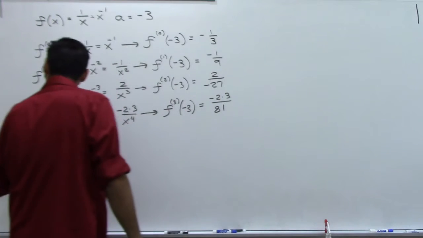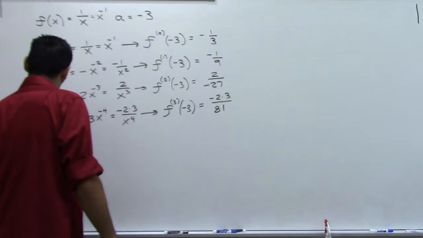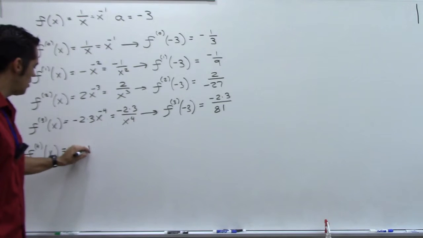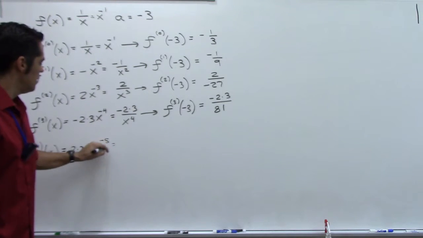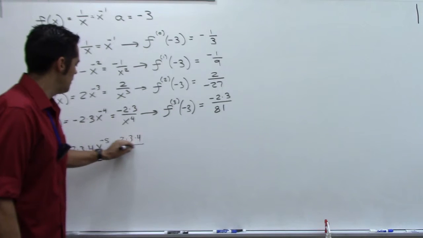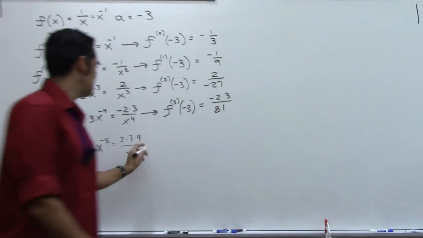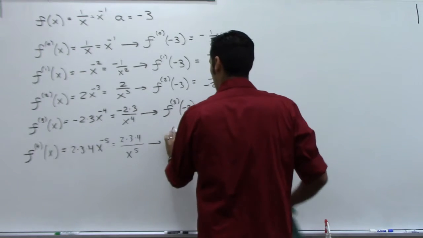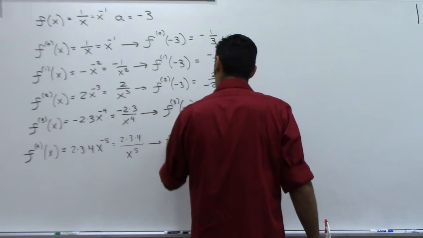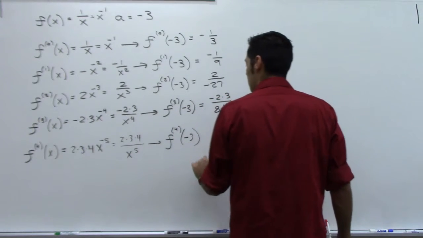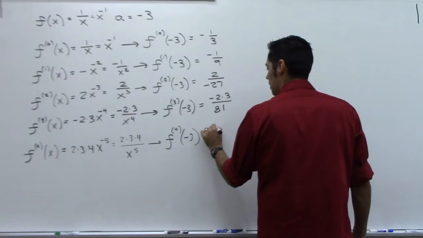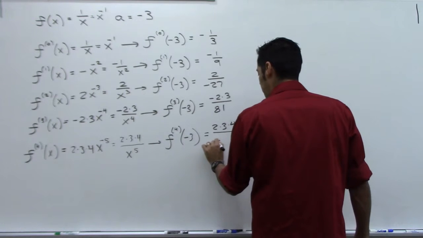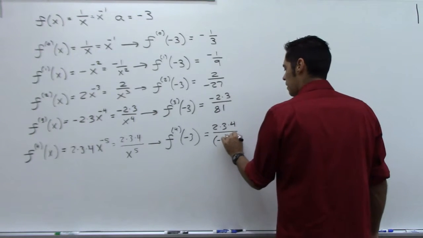Let's do one more. So when the negative 4 comes out, I get a positive, so 2 times 3 times 4, x to the negative 5. So this is 2 times 3 times 4 over x to the 5th. Because it's the 5th power, when I plug negative 3 in, I'm going to get a negative. So even though the numerator is positive, the denominator is going to be negative. And then I'm just going to put here negative 3 to the 5th.